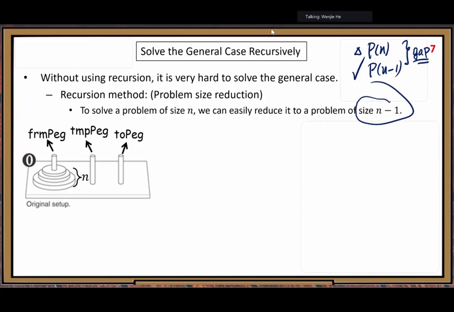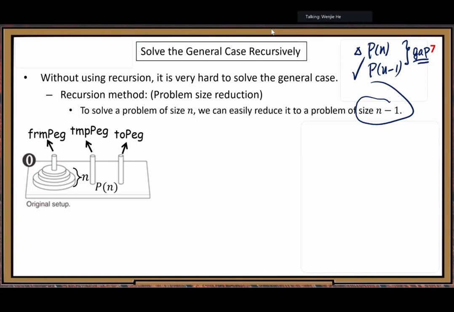Next, because we assume P of n minus 1 is available, we can apply it, right? When we apply it, we move the top n minus 1 disks from the first peg to one of the 2 other pegs. That's the P of n minus 1 solution.